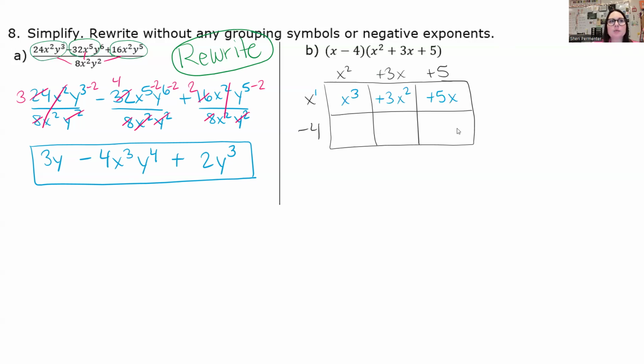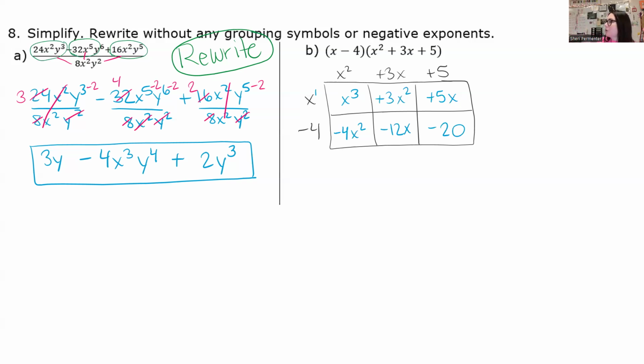I'm going to fill in the bottom row. I want you to see if you can fill in the bottom row. Look up if you get stuck, but I'd like for you to try it. Did y'all get the same thing as me? All right, from here, I'm going to combine like terms. When I combine like terms, usually they combine diagonally.